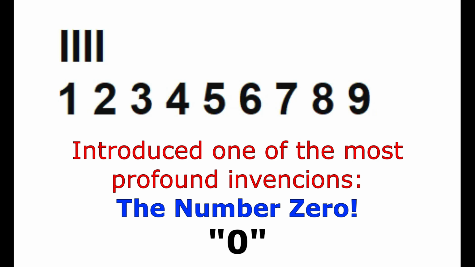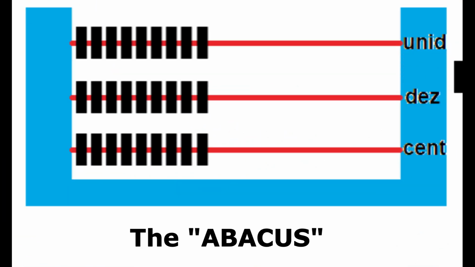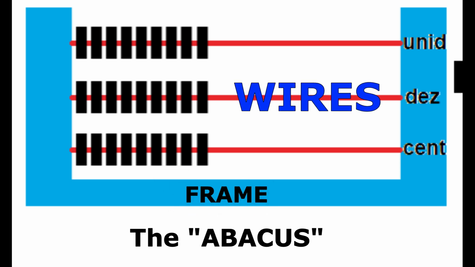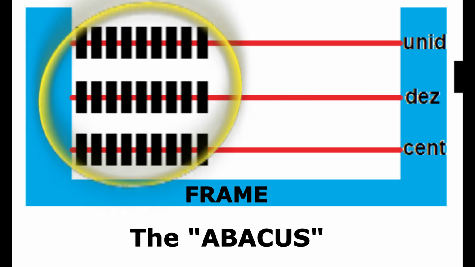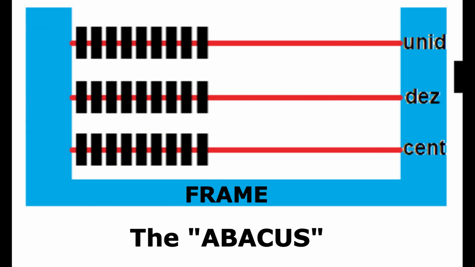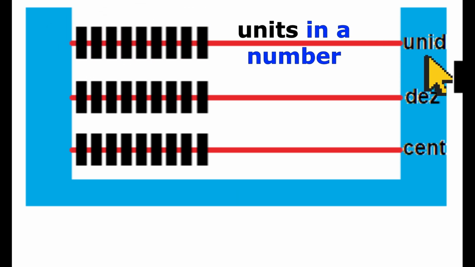To better illustrate this system, we can use a charming teaching tool, the abacus. You may recall that an abacus consists of a physical frame with rows of wires, each strung with beads. Let us consider the top wire, which contains 9 beads. These beads will represent the units in a number.